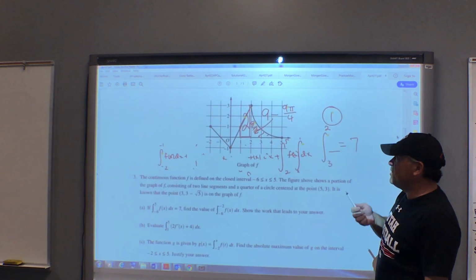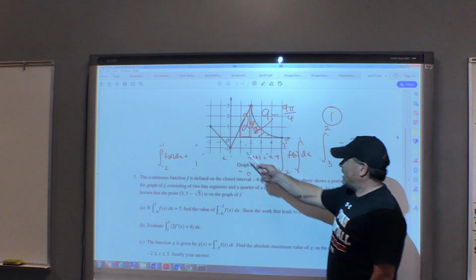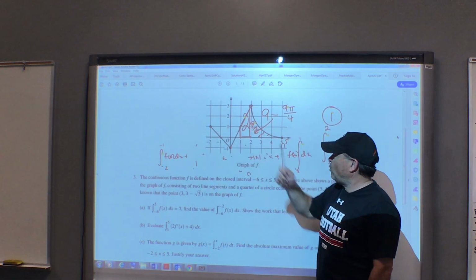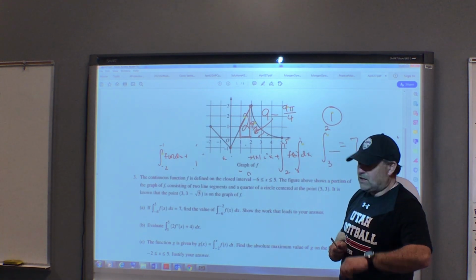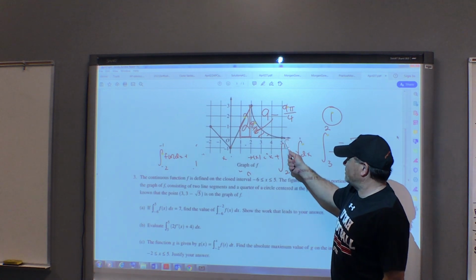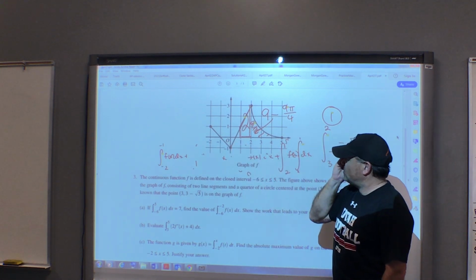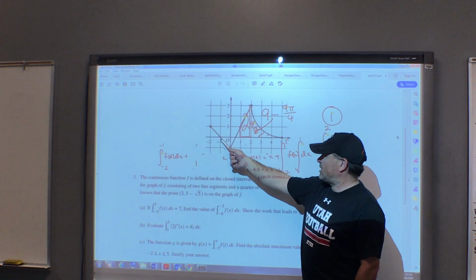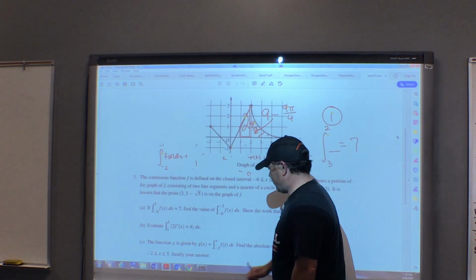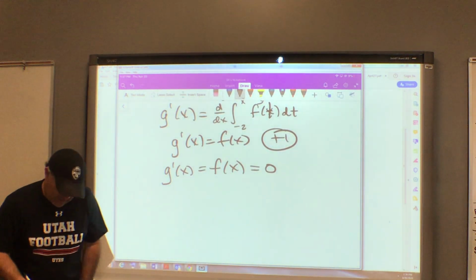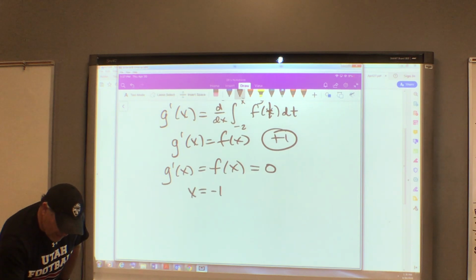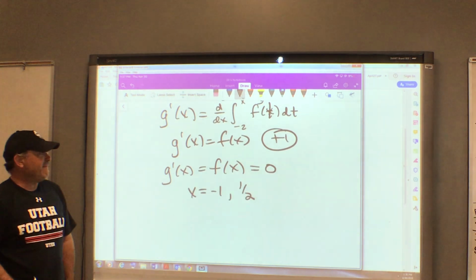And I see 2 different places where that happens. I see -1 and 1/2. And obviously there's your 2 endpoints that you need to check, but we've got potentials at -1 and 1/2. So we could say this happens where x is -1 and 1/2.